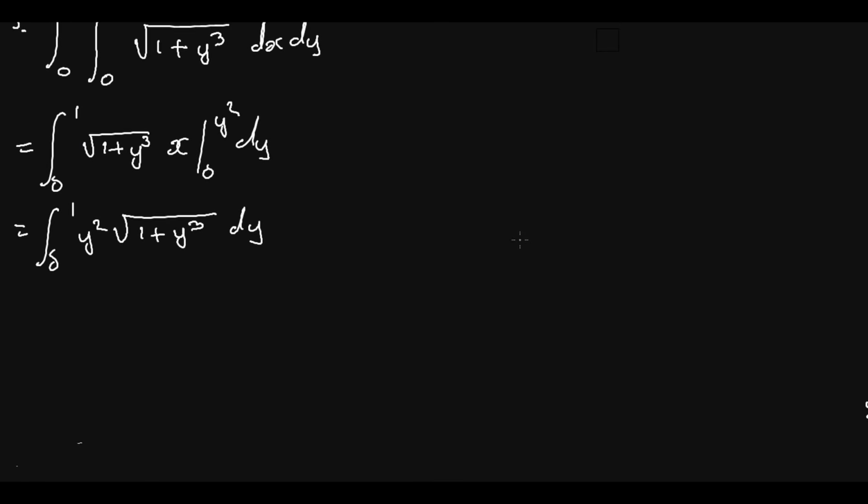I'll use the u substitution myself, but compensation is easy and fast. So we can let u equal 1 plus y cube, du is equal to 3 y squared dy.